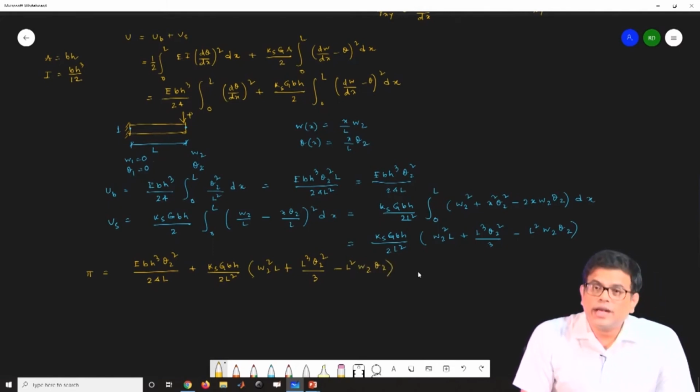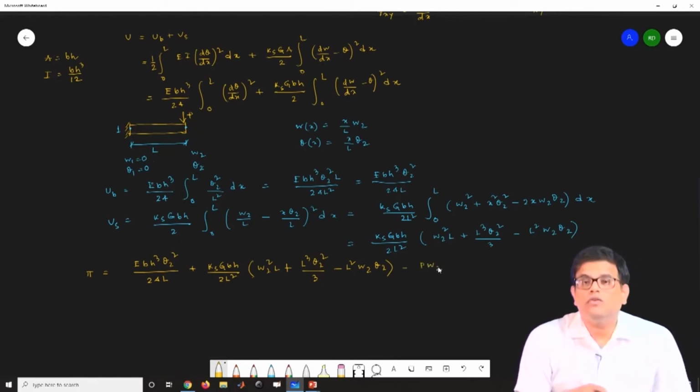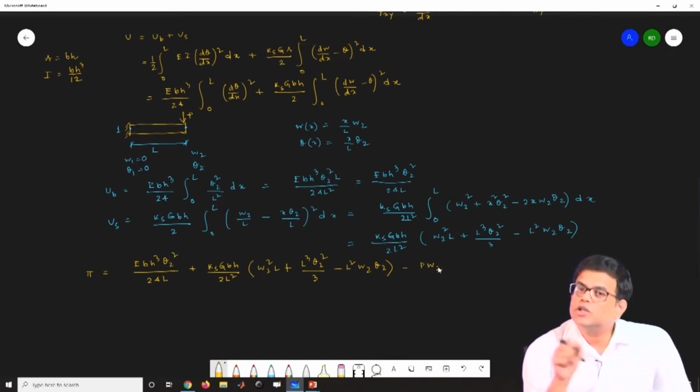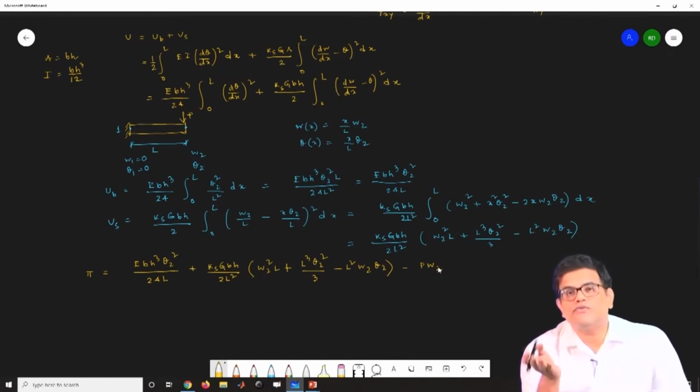That is the strain energy, minus P into W2, which is the work done. So that is the potential energy. Now I just follow the minimization of potential energy with respect to theta 2 and W2, as we did for Rayleigh's earlier.